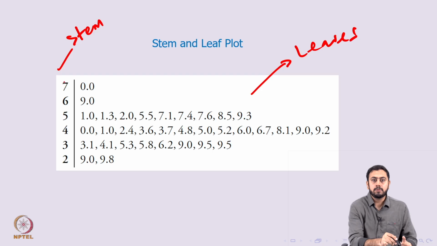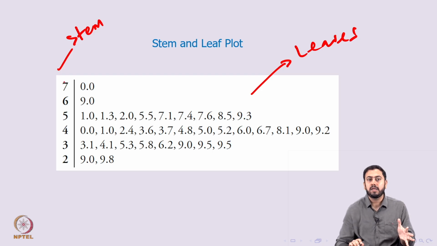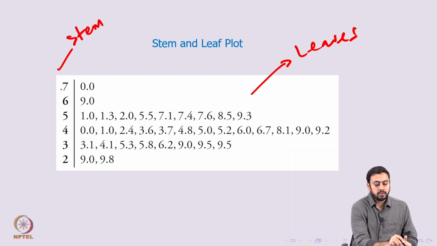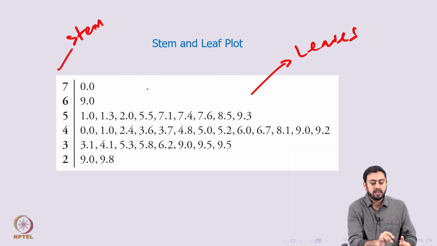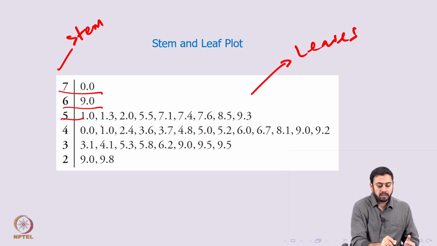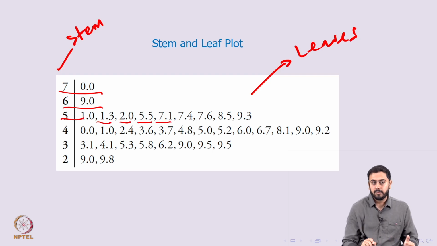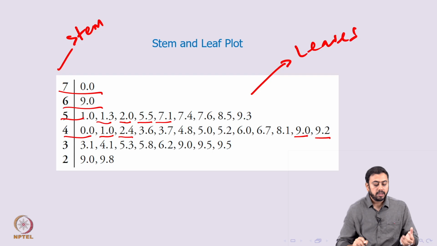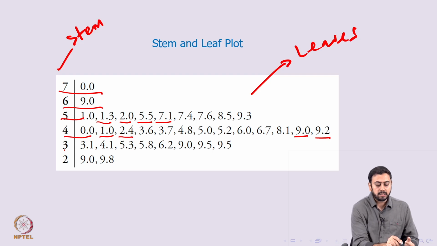So the first column gives you the starting digit of any number, for example 7. And then you go through the entire row and read each number and attach that. So the first value becomes 70, second value becomes 69, then 51, 51.3, 52, 55.5, 57.1, etc. Now again you can come down, the stem is 4, then the first value is 40, 41, 42.4, if you come down the line, let's say 49, 49.2, etc. Then again if you come one level down, the stem portion is 3, then how should you read this number? 33.1.